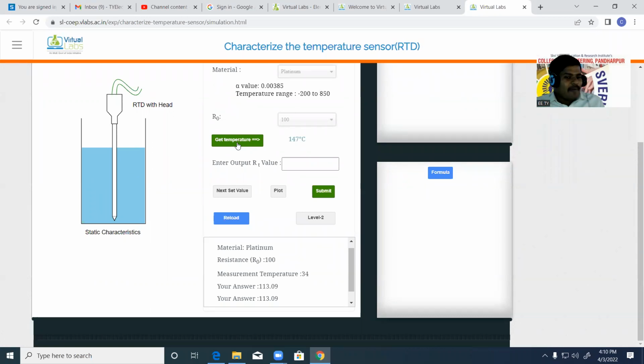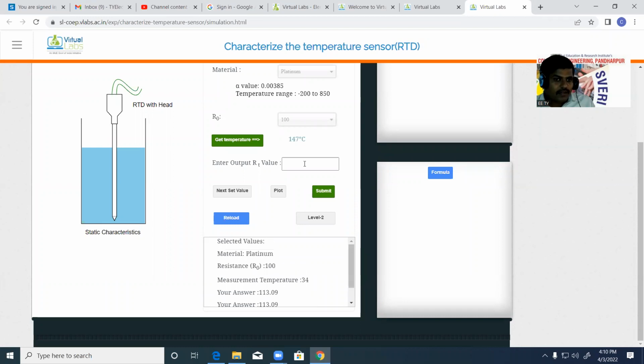Now calculate the value of RT. 156.59. Okay, now I will submit that. आले का सगळ्यांचं? 156.59. What is the change you are seeing at 34 degrees Celsius?